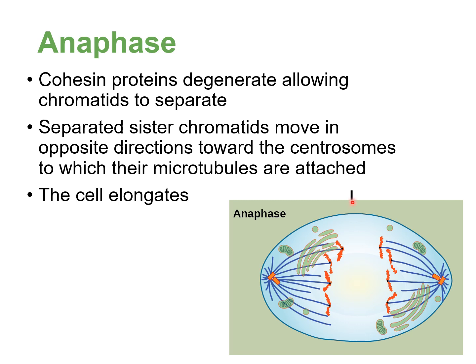So the cohesin proteins degenerate, allowing the chromatids to separate. So these are our sister chromatids, right? Now they're separated into just chromatids, and they move in opposite directions towards the centrosomes to which their microtubules are attached. So you can see they're attached over here, and then the cell is elongating even further, and then we're going to come through the middle of it here to cut this.